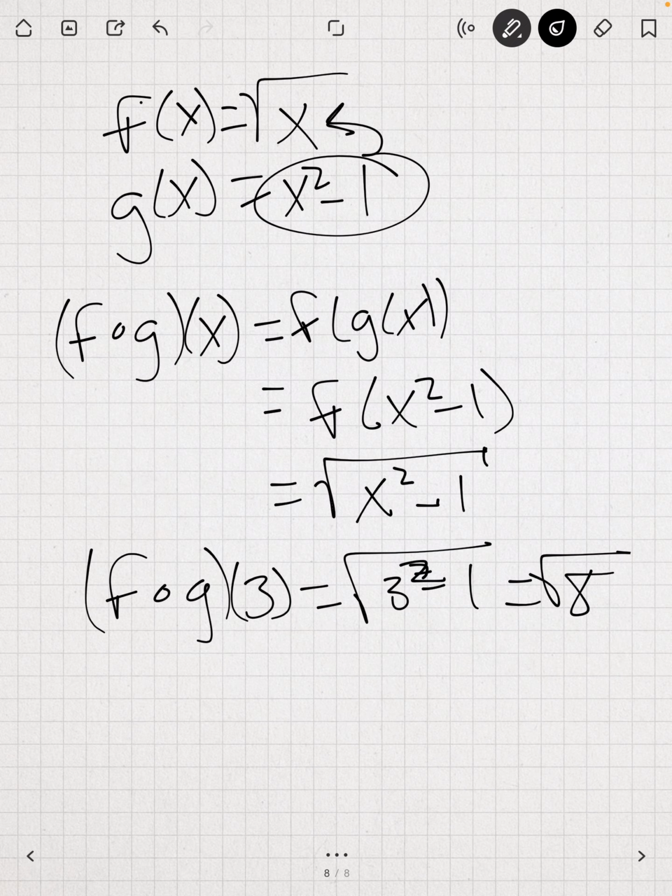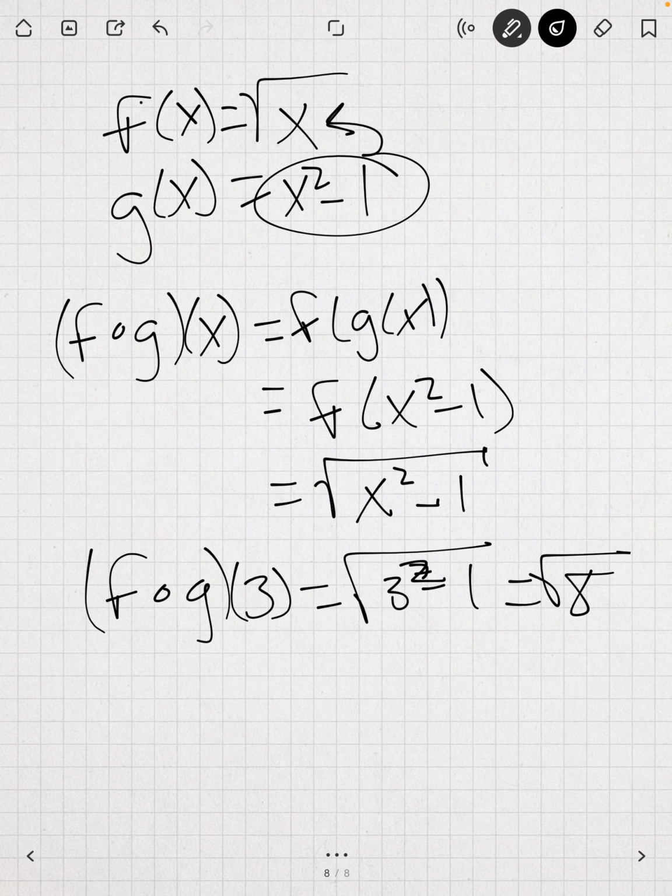Now I haven't talked about the domain. We knew before with our combining functions, our sum, difference, product, and quotient, all of our x's were in the domain of f and the domain of g.